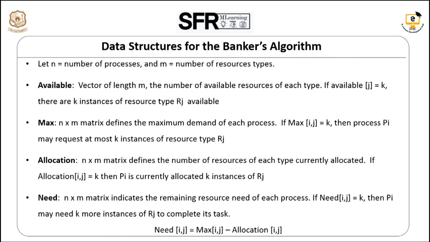It is an n cross m matrix that indicates the remaining resources needed by each process. If Need[i][j] equals k, then Pi may need k more instances of resource type Rj to complete its work. Note, Need[i][j] equals Max[i][j] minus Allocation[i][j].